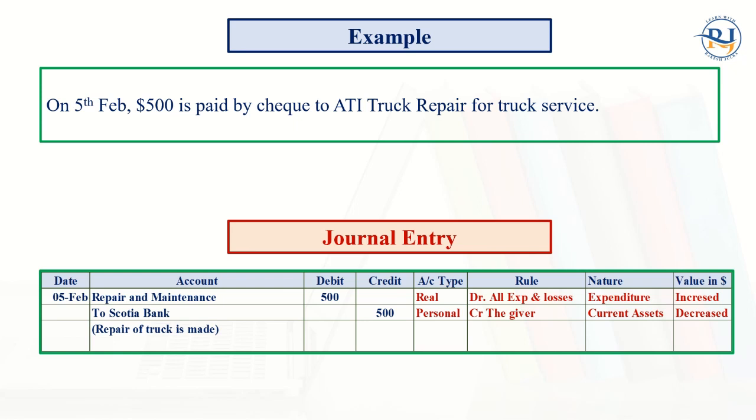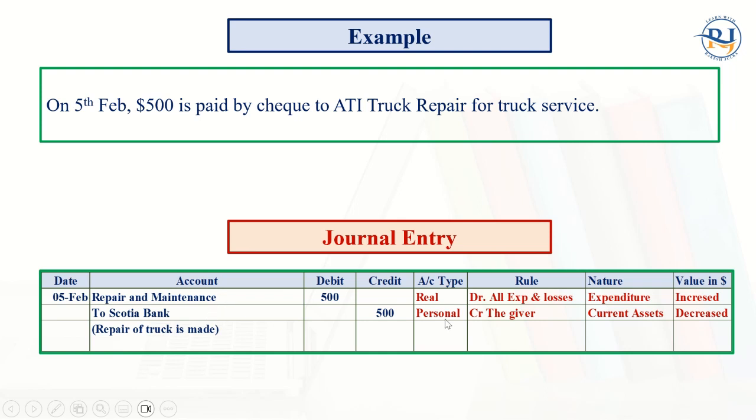Like debit all expenses and losses and credit all income and gain. So this repair and maintenance here should be the expenditure, right? This is the nominal account, not a real account. So under the nominal account, debit all expenses and losses, credit all income and gain. So if the expenditure value in dollars is increasing, we will debit it, otherwise we will credit it.